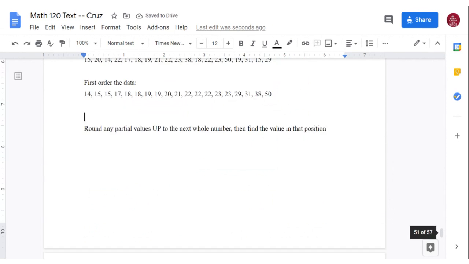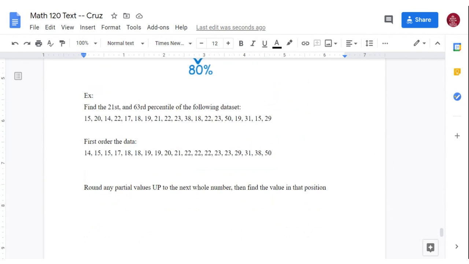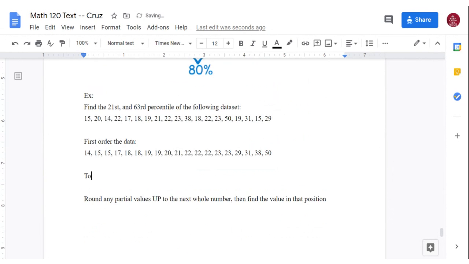All right. Now, what we're going to do is get the 21st percentile. Oops, I should have asked you something first. How many pieces of data are there here? 1, 2, 3, 4, 5, 6, 7, 8, 9, 10, 11, 12, 13, 14, 15, 16, 17, 18, and 19.